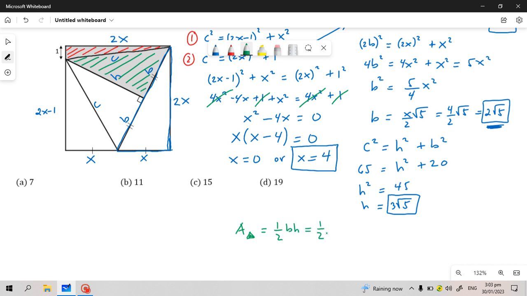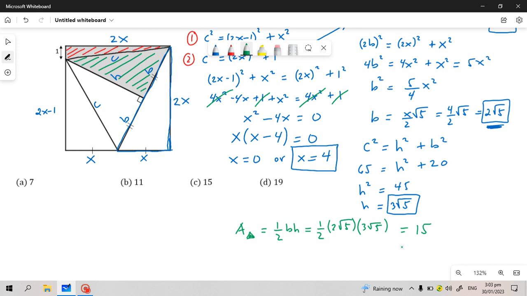We have 1/2 times 2 square root of 5 times h, 3 square root of 5. If we simplify this, we can cancel 2, and then square root of 5 times square root of 5, that's square root of 25, or just 5, and then times 3, that's 15 square units. Take note, this is not yet the final answer.